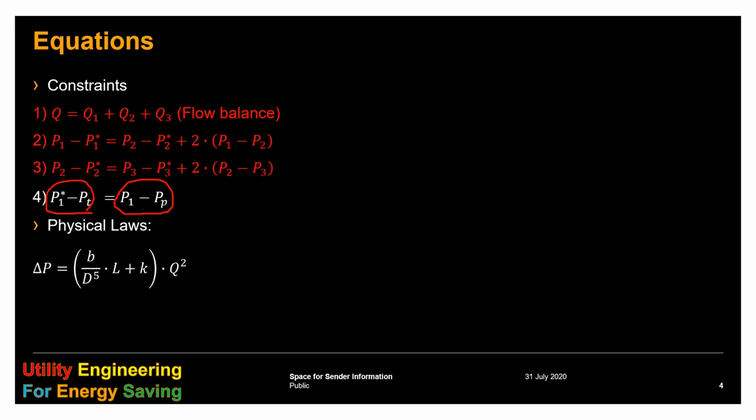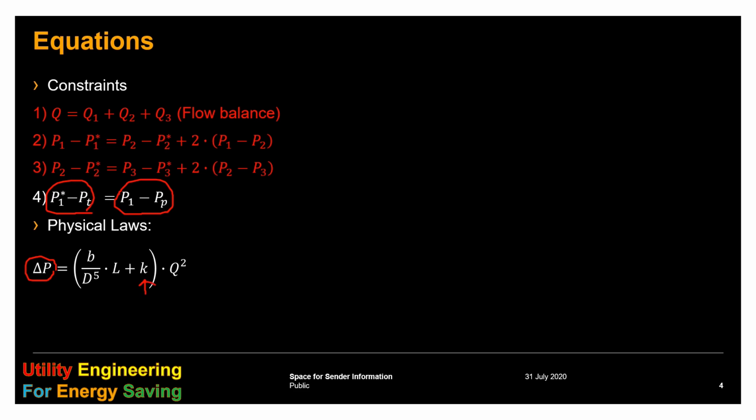And finally, there is also a physical law, the general law, saying that delta P at a single branch pipe is equal to this function: a constant divided by diameter to the 5 times the length, plus a constant which is depending upon the equipment.